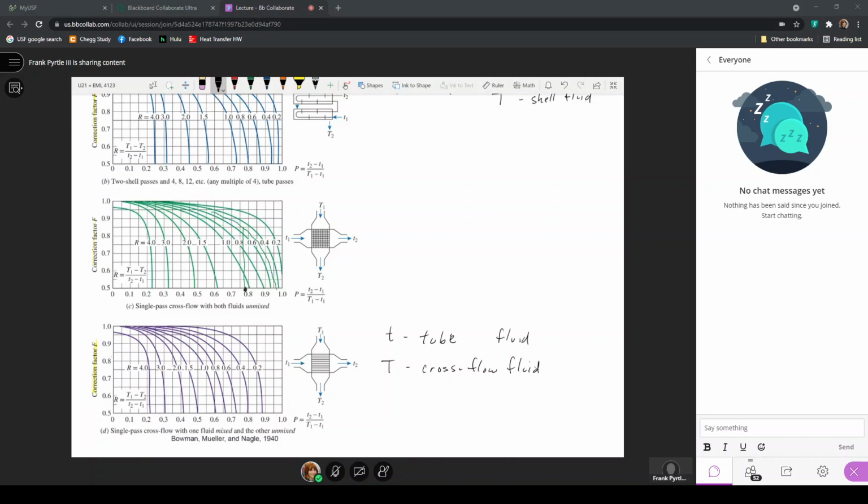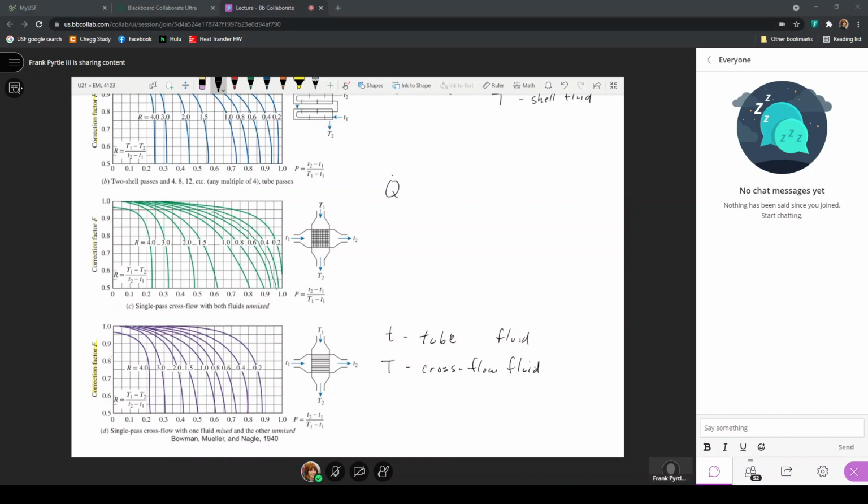But these ratios, P and R, would have to be calculated in order to find the correction factor. So we have the temperatures for the inlet and outlet of the cross flow heat exchanger or the shell and tube heat exchanger. We can calculate these ratios that are P and R, and look for the intersection of the value that you calculate for P and the value that you calculate for R, and look for that intersection point to then get the value for the correction factor.